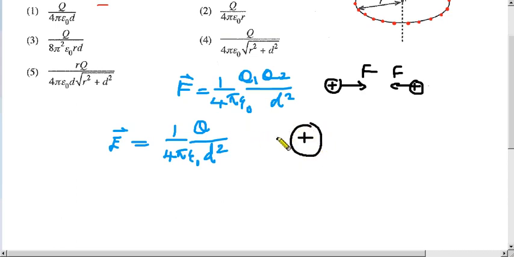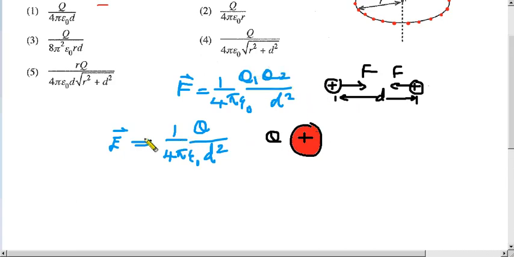There is a charge, the quantity is Q. So like this. So from this charge, in the first equation the d is the distance between both charges Q1 and Q2.